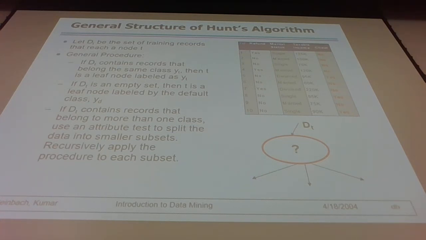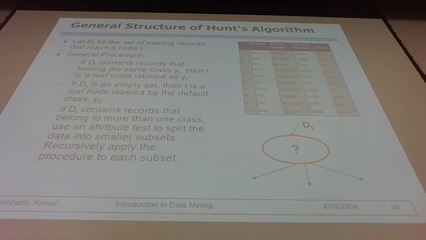Let Dt be the set of training records that reach a node t. So Dt is the entire set of training records that reach a node t. We said earlier that if you follow a path, you are dividing the data into different sets. So if you come to a particular node, you come to it with a set of data points. That is Dt.